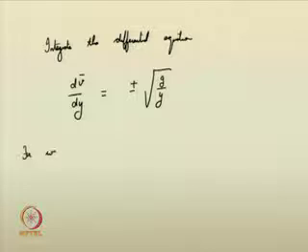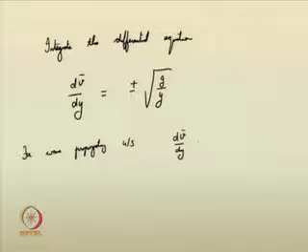For wave propagating upstream, your differential equation will be dV by dy is equal to minus root of g by y.